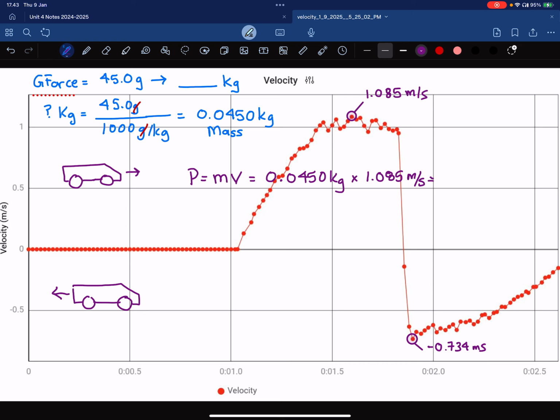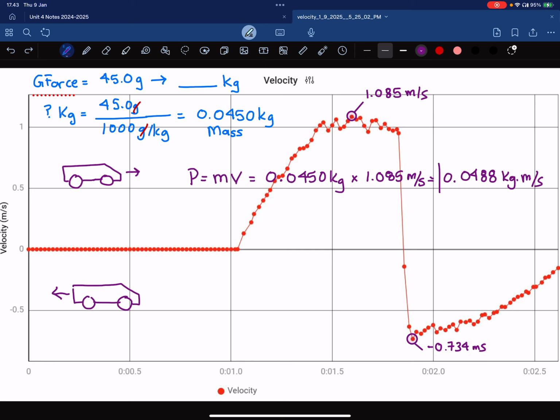So the momentum at the top is going to be 0.045 times 1.085, or 0.0488 kilogram meters per second. And that's the unit that momentum reads at. So that is a positive momentum because the car was moving forward.